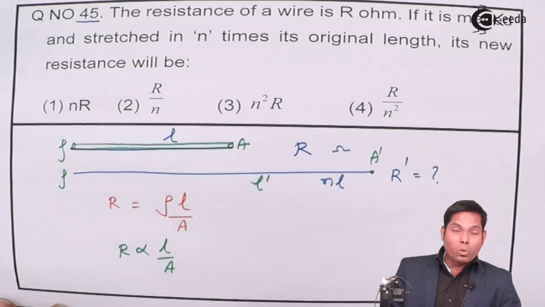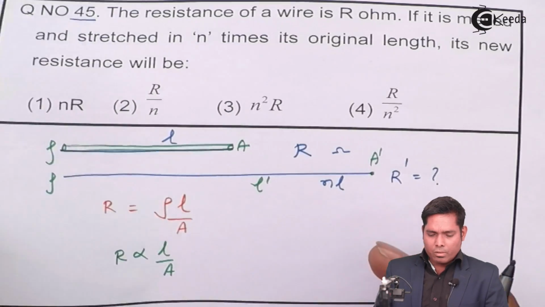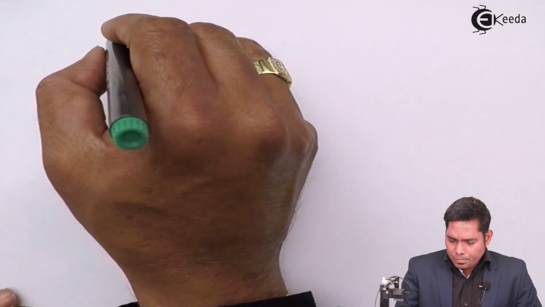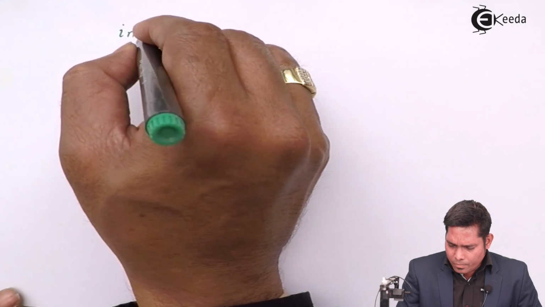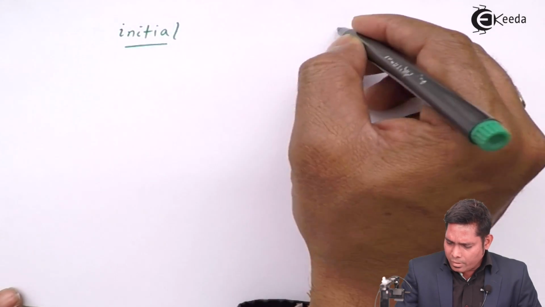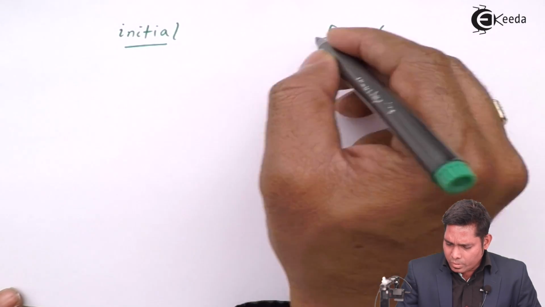But in this process, the volume will remain constant. So let me help you solve the question. During this process, between the initial condition and the final condition, the volume is constant.